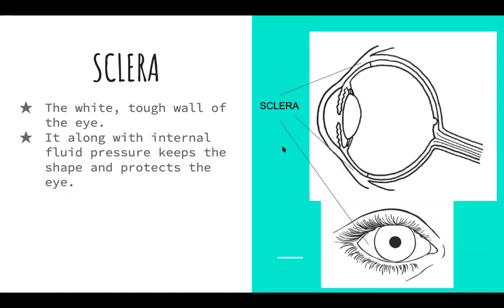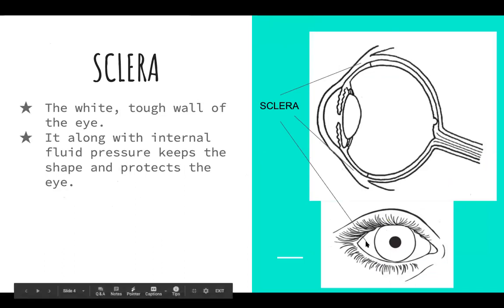All right, the next part of your eye is the sclera. The sclera is the white, tough wall of the eye. It, along with internal fluid pressure, gives the eye its shape and protects it. If you're looking at the front part of your eye in a mirror, it's all the white part of your eye.